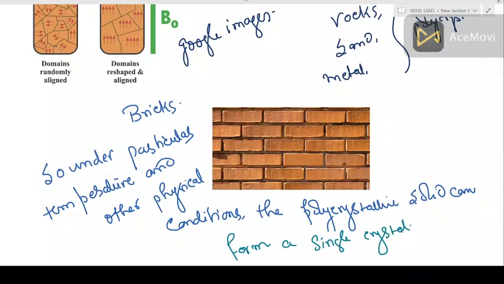So this is the definition, this is the clear-cut differentiation between a polycrystalline solid or powder and a single crystal solid.